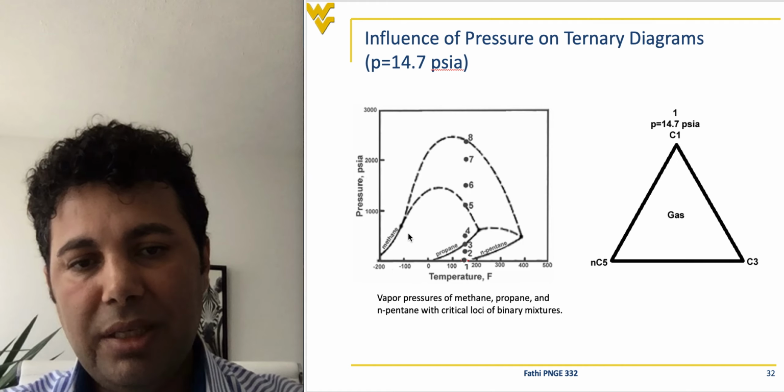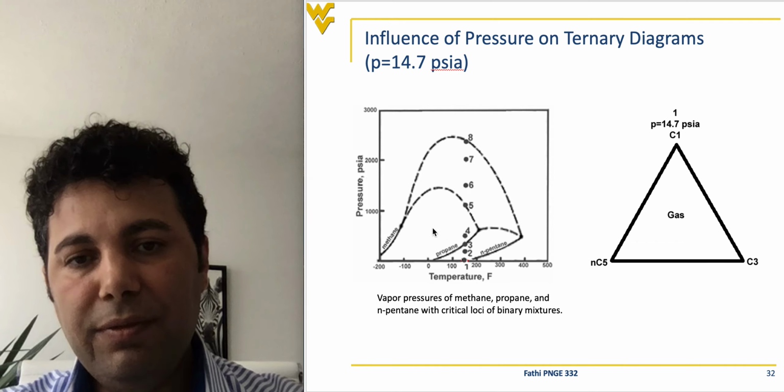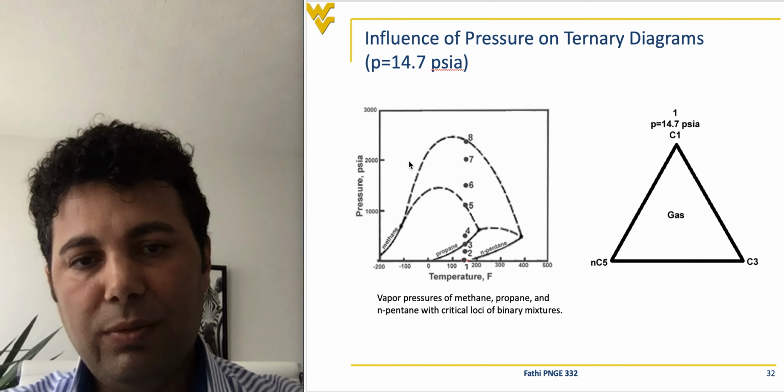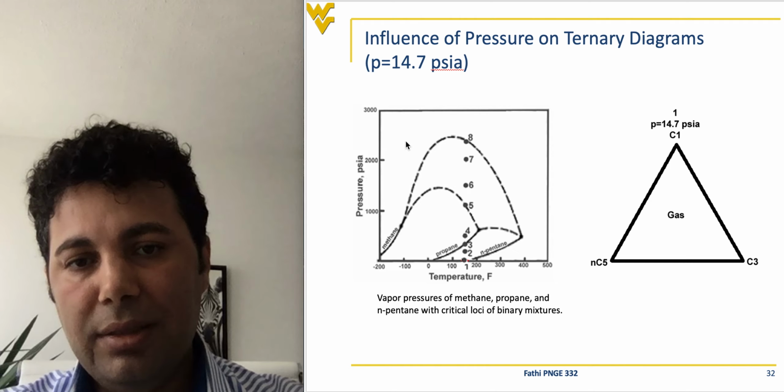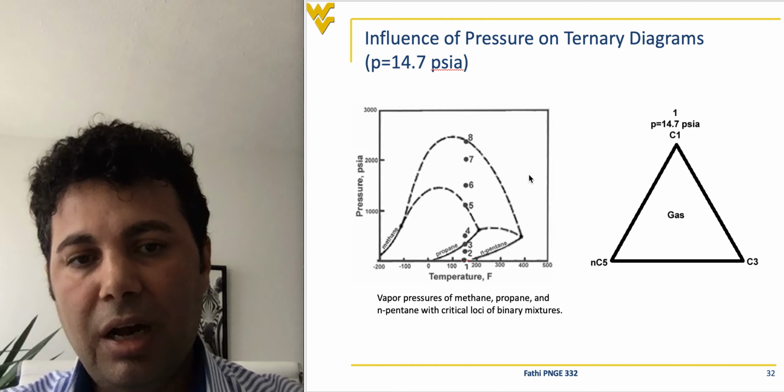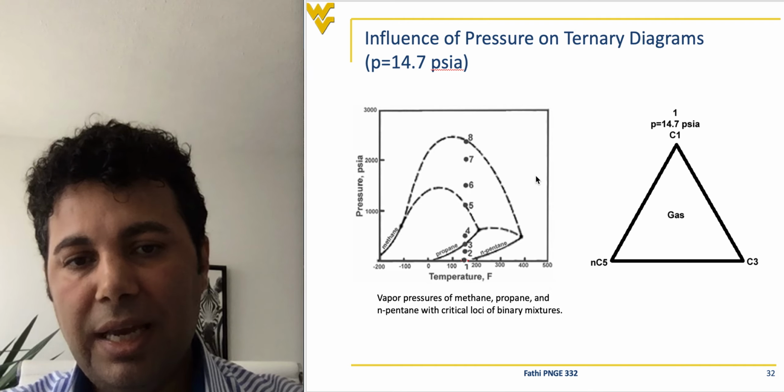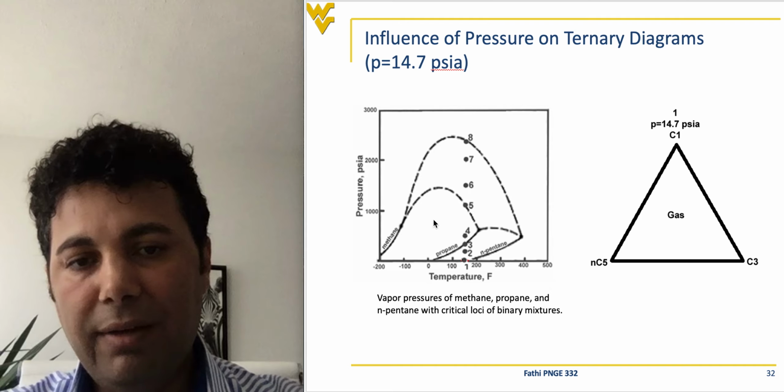So this is my methane, this is my N-pentane, and I know this is the locus of critical points between methane and N-pentane. So if the point that I'm looking for is outside this envelope, to the left, I know it's liquid. If it's outside to the right, I know it's gas. And if it's in between, I know I have both gas and liquid phase, okay?